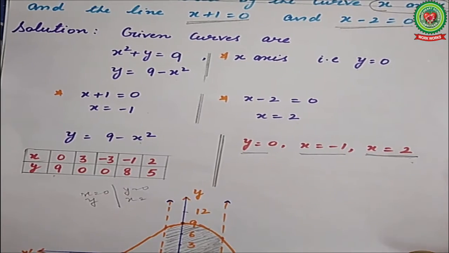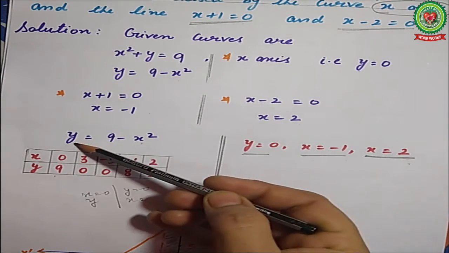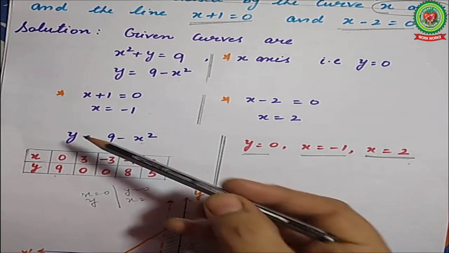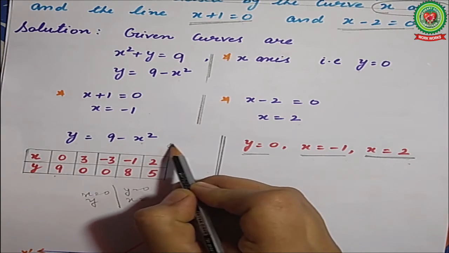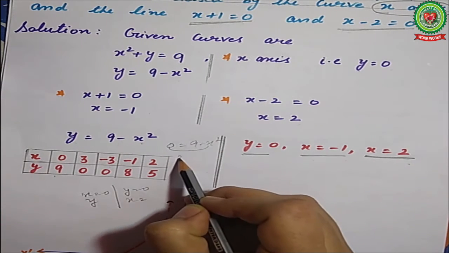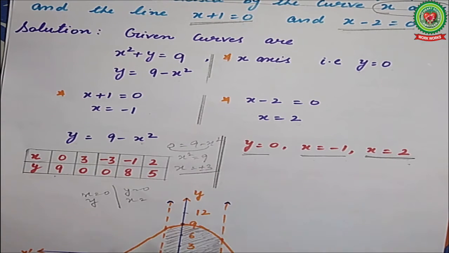When we put the value x is equal to 0, we find y is equal to 9. When we put the value y is equal to 0, what is the value of x? 9 minus x square is 0, so x square is equal to 9, so x is equal to plus minus 3.